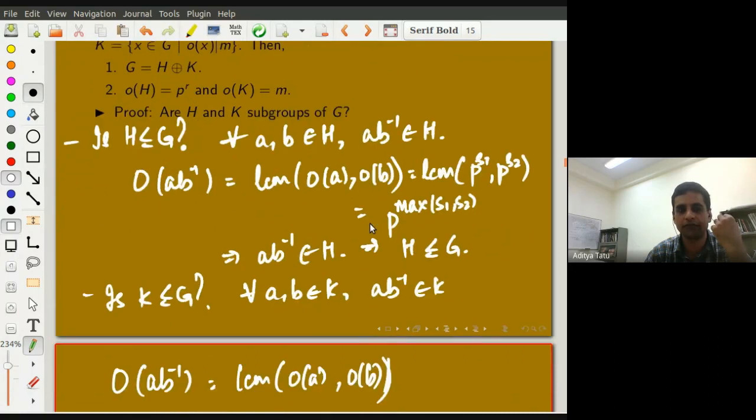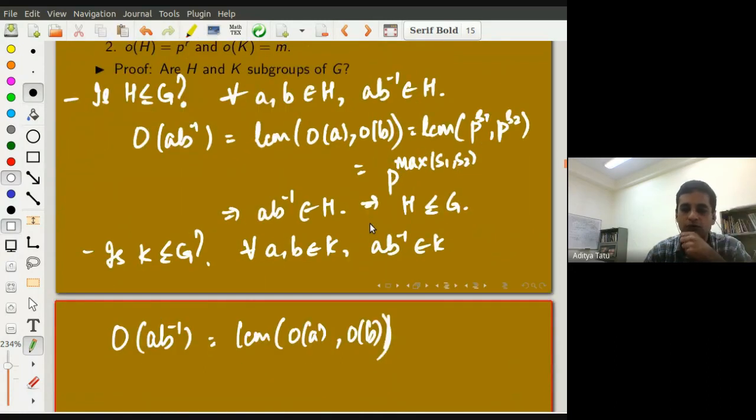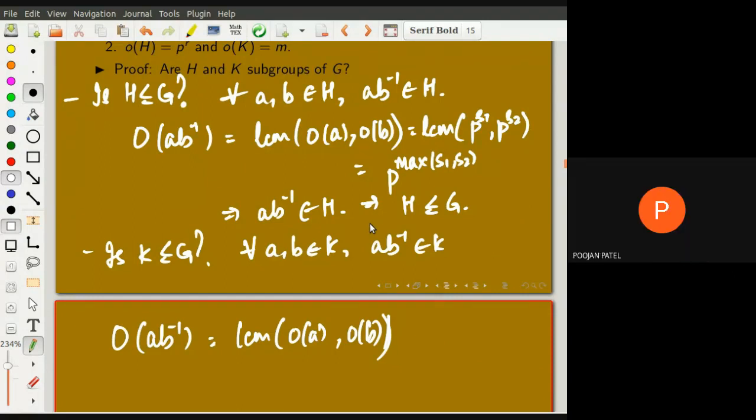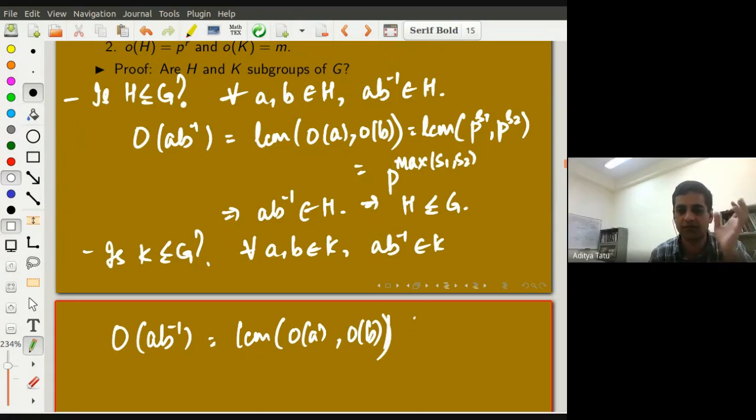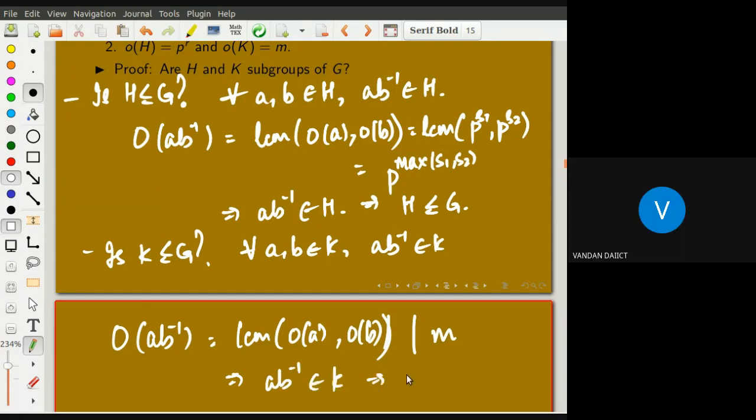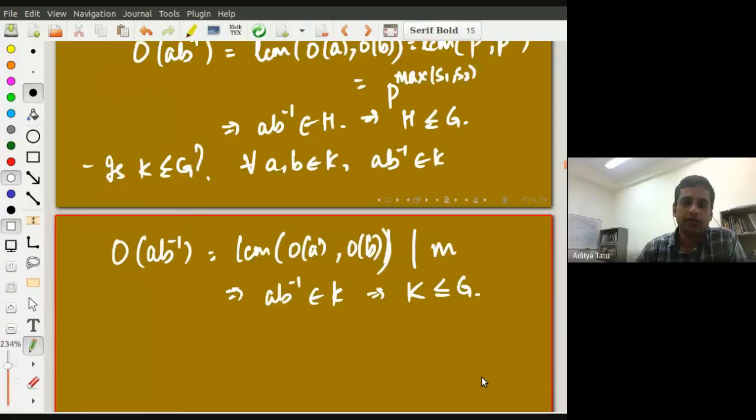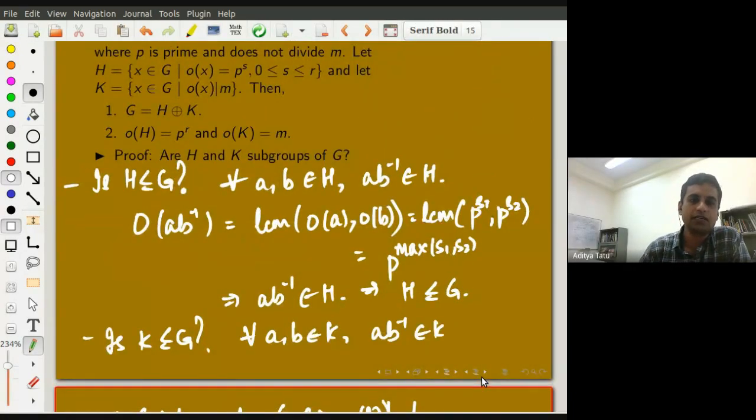They divide M. So would the LCM of both of them also divide M? Yes. So can I leave that part as an assignment if you cannot do it right now? Is that fine? Then I'll just move ahead. Okay, good. We have shown that these two are subgroups.